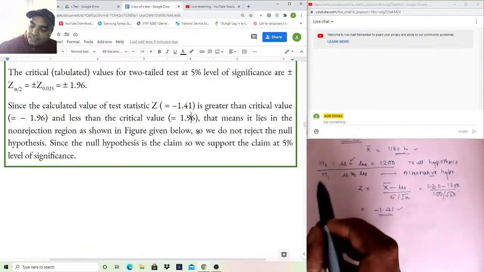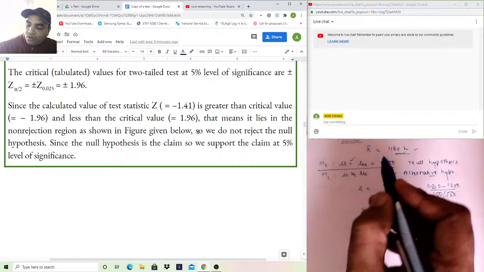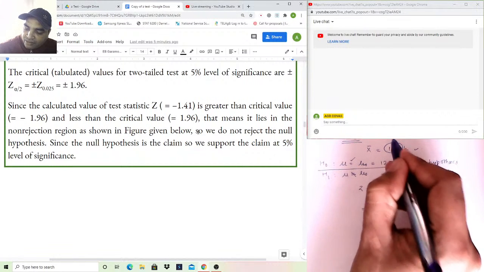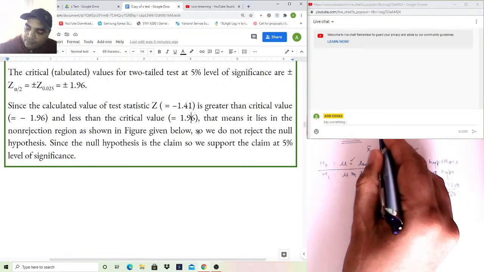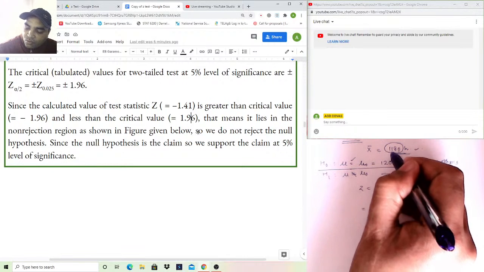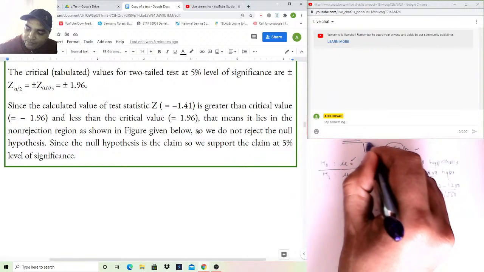It means that your sample mean is equal to your population mean. Although it was coming out to be 1180, still the company claim of 1200 holds valid for this value of the sample mean.